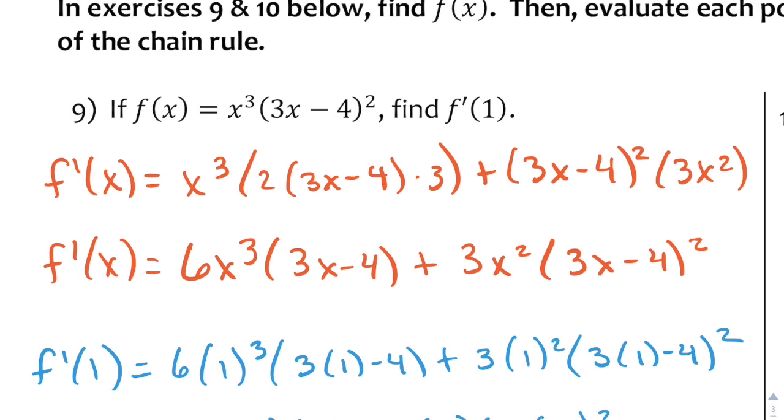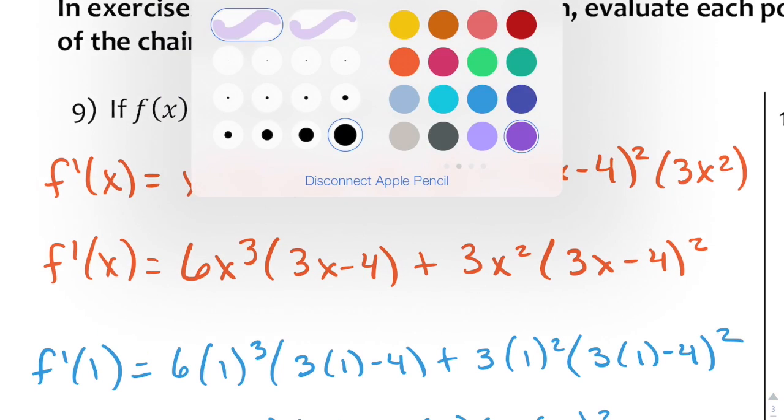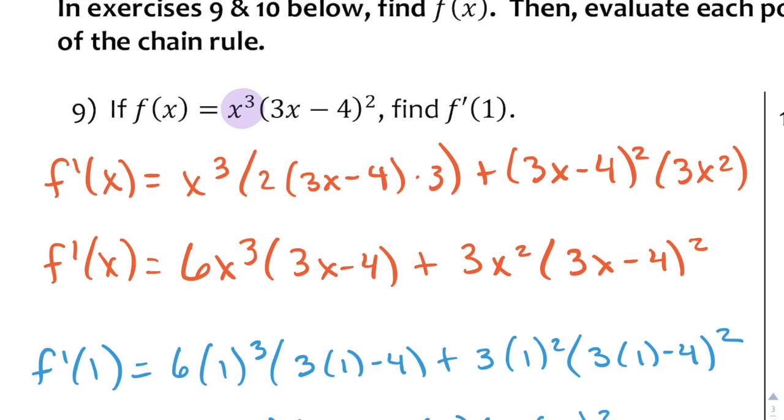Oh, let me change the color. I did the first function times the derivative of the second. So that involves us getting x cubed times, drop the 2, make it a 1, times the derivative of that inside, which is 3.